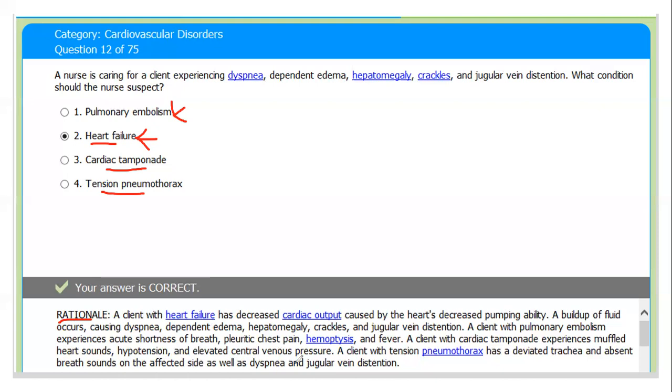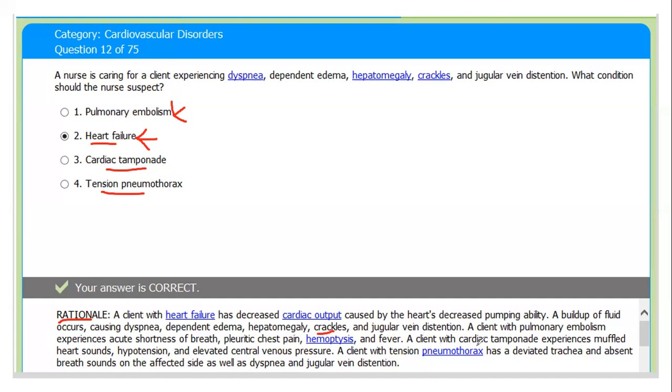And as I told you, if right-sided heart failure, the liver gets involved, my legs get involved, inferior vena cava gets involved. If left-sided heart failure, my lungs get involved. Added sounds like crackles are supposed to be there. Jugular vein distension, all are signs of heart failure. A client with pulmonary embolism experiences acute shortness of breath, pleuritic chest pain, hemoptysis, and fever.